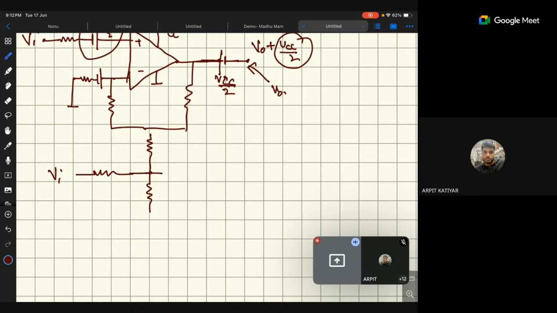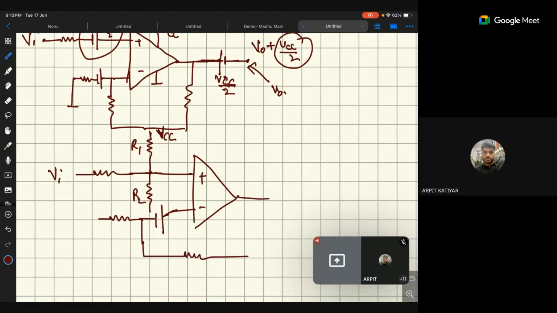We use these resistances R1 and R2 connected on the positive terminal. In the negative terminal we are using the resistor, then supply, to get the V0. Here we are connected to the VCC and here to the ground. This is one option.